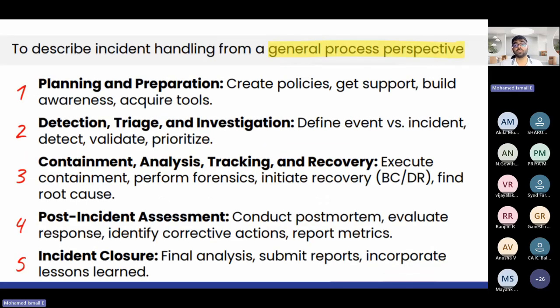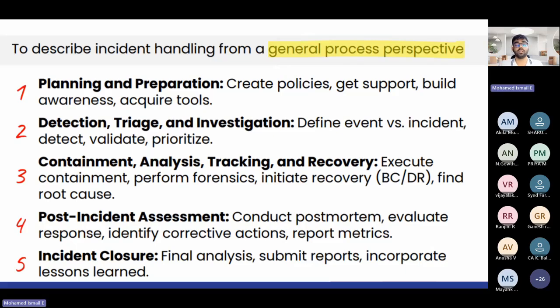Planning and preparation must be done well in advance: create policies, get support, build awareness, acquire tools. Take the same example, Mango Private Limited, where the SQL database was hacked by a hacker and they took the data. Now come to planning and preparation.